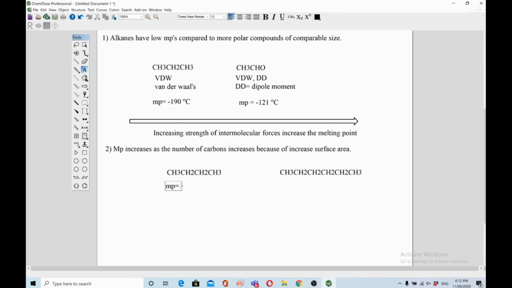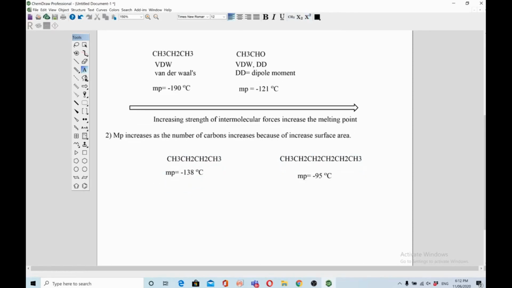The melting point for this compound is minus 138 degrees centigrade, and guess what, the melting point for this compound is minus 95 degrees centigrade. So you can see the clear difference between two molecules.